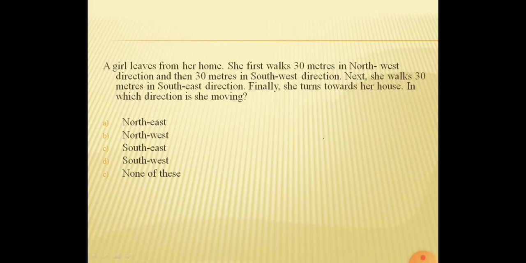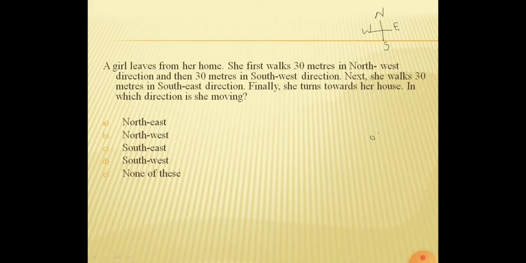So this is one of the important topics, that is direction sense test. One question will be there from this topic, so please don't skip that topic. You know the direction diagram, the general directions, that is north, south, east, west, right?